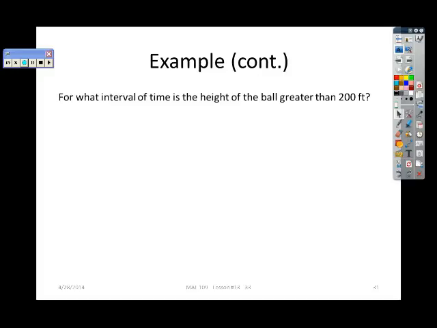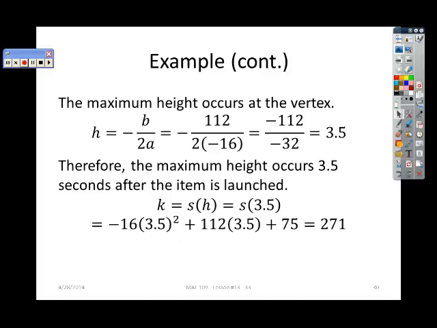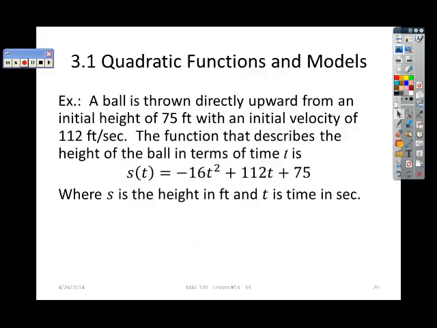And what does greater than 200 feet mean? It means the symbol 200, right? What is it that's greater than 200 feet? The height. Back in this formula, what is the height? We've got T and S. One of them's got to be height and one of them's time.